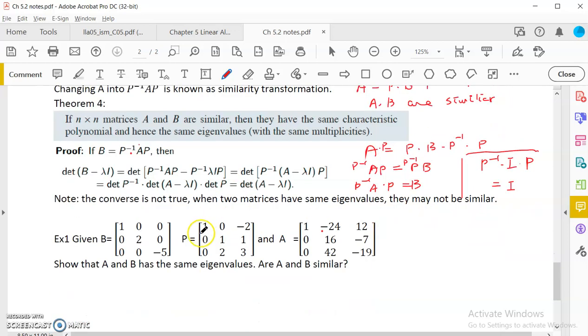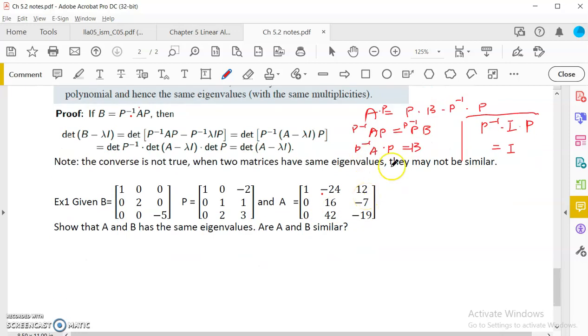If A and B have the same characteristic equation, then the two matrices have the same eigenvalues. But notice that the opposite is not true. If two matrices have the same eigenvalues, they may not be similar.